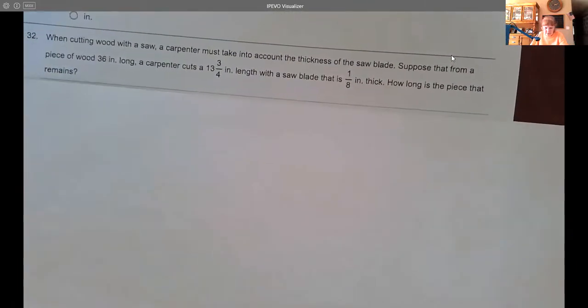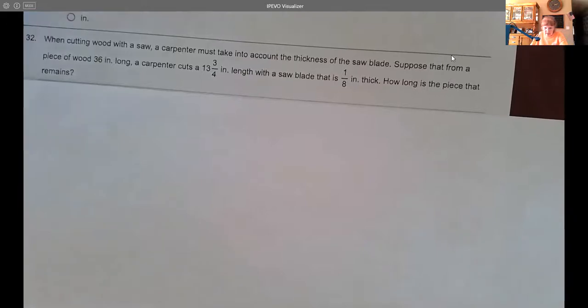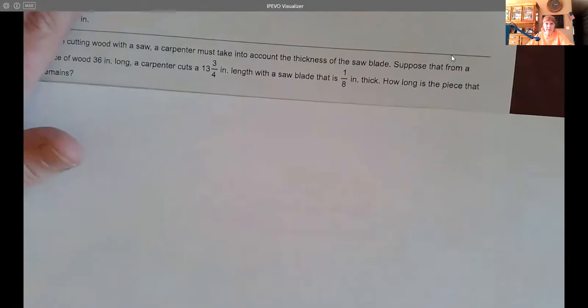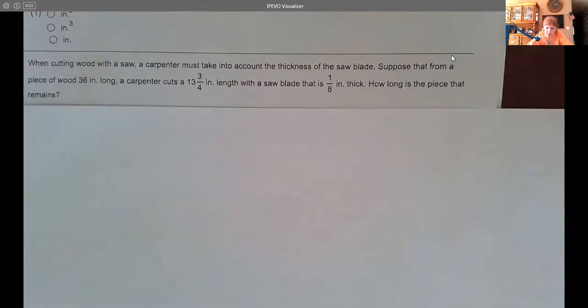Let's look at this one, maybe at least get it set up. When cutting wood with a saw, ooh, I'm so sorry, that's a little crooked. When cutting wood with a saw, a carpenter must take into account the thickness of the saw blade. Suppose that from a piece of wood 36 inches long, a carpenter cuts a 13 3/4 inch length with a saw blade that is 1/8 inch thick.